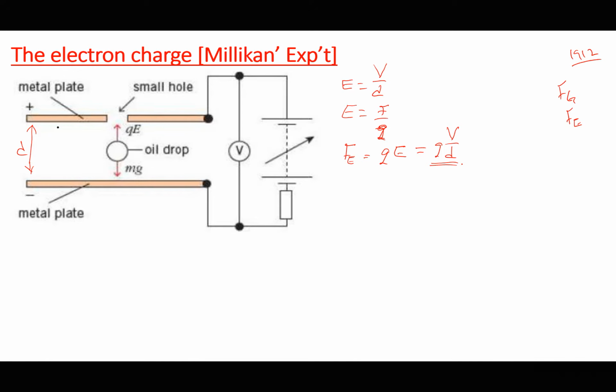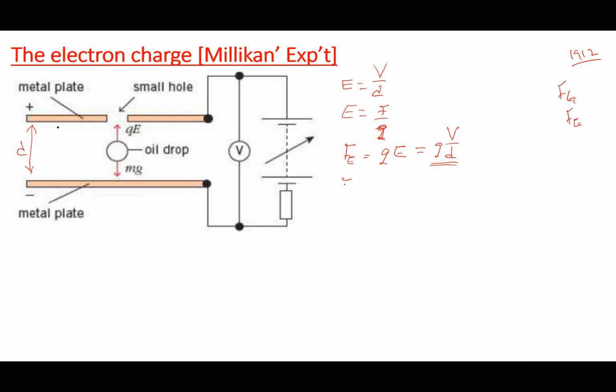But of course, the electric field could be altered by varying the potential difference across the plates, and the charged droplets were sprayed through a small hole, as you can see in this diagram, in the top plate of the electric field. So the tendency is for a droplet to fall under its own weight, that is, to fall due to the gravitational force.